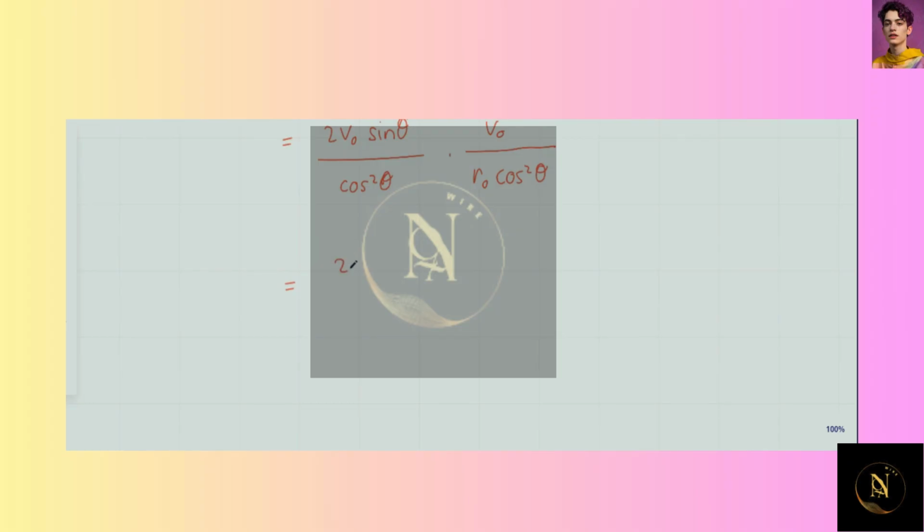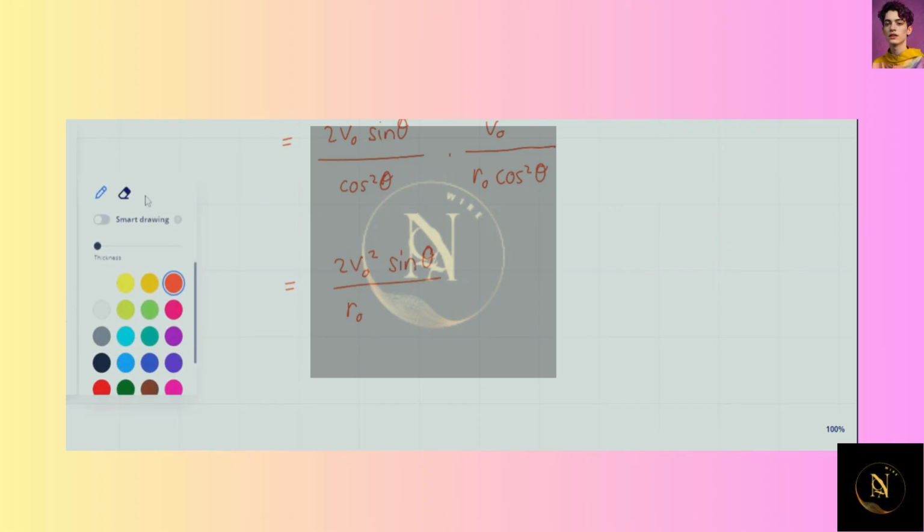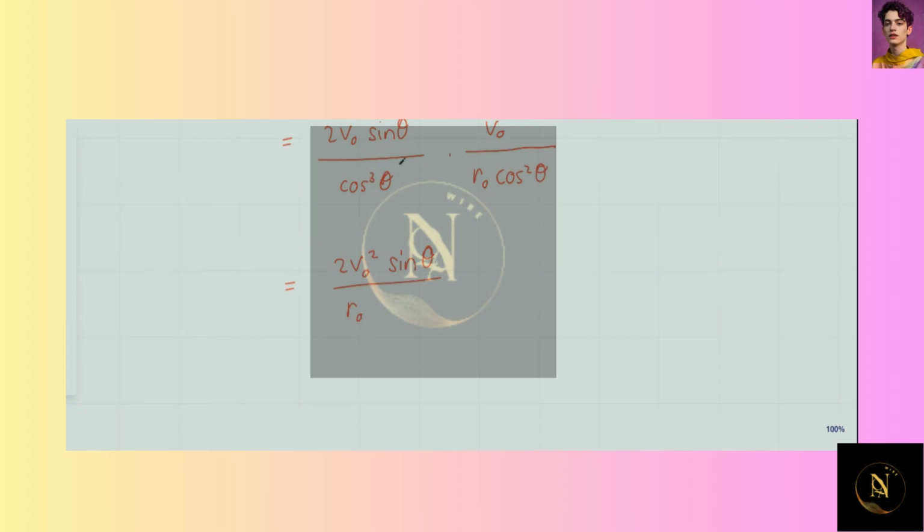So this simplifies to 2 v naught squared sine theta over r naught. Actually, this is cos cubed theta. So this becomes r naught times cos theta to the power 5. So now we have the tangential component of the acceleration.